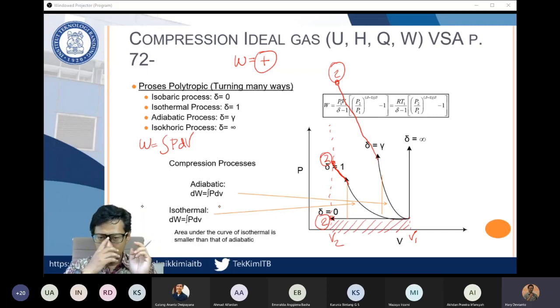Okay, I think all of the information regarding the basic thermodynamic processes I already covered here. We will discuss how to read in a real case.